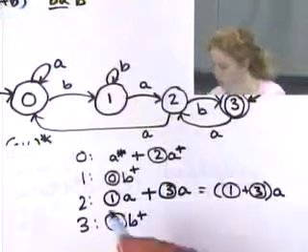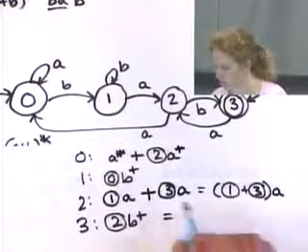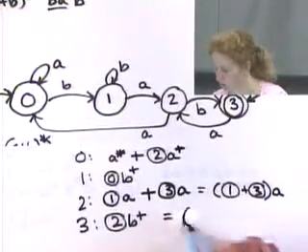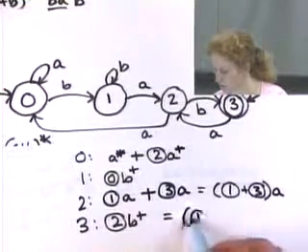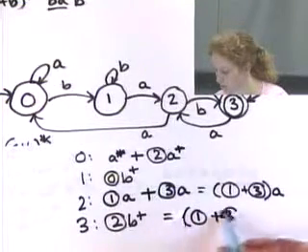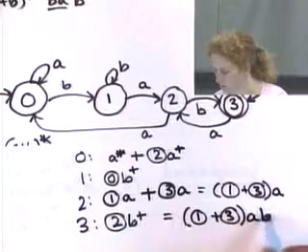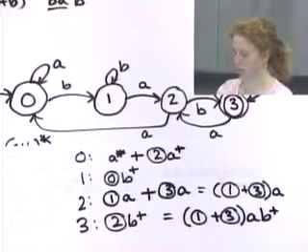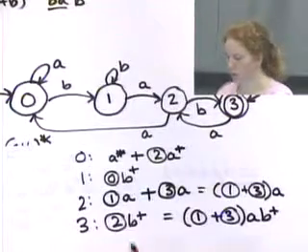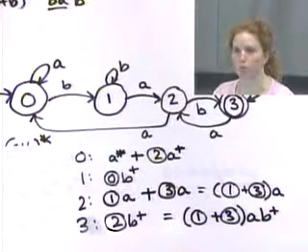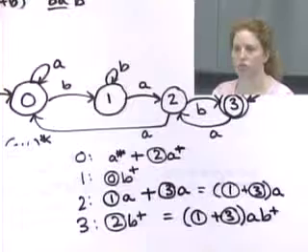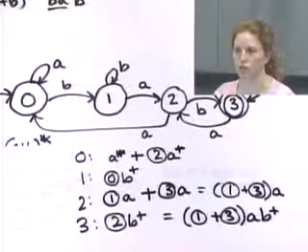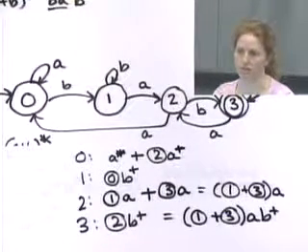And then if I plug in for 3, let's think for 2. And if we look, 1 and 3 have something in common, right? They have at least one B on the end, a string of at least one B and lots of B's.